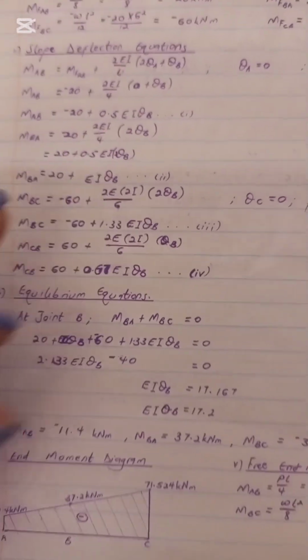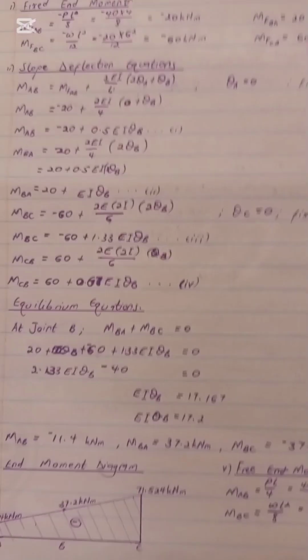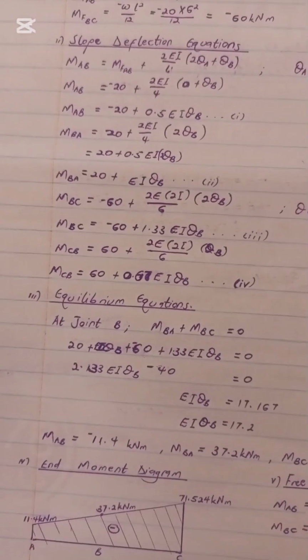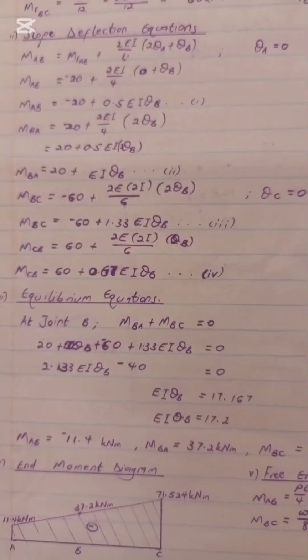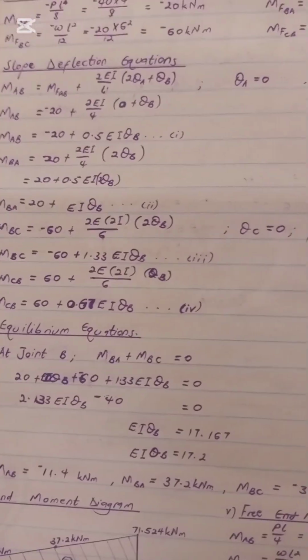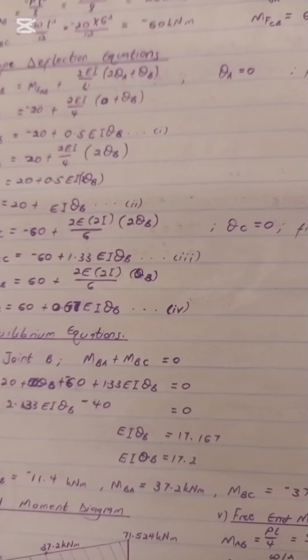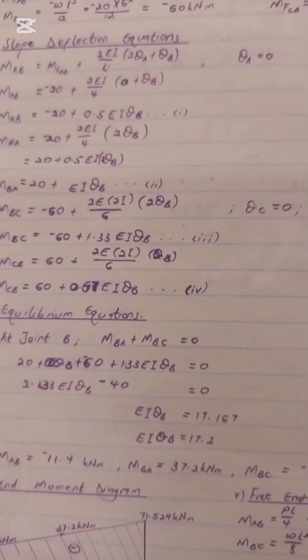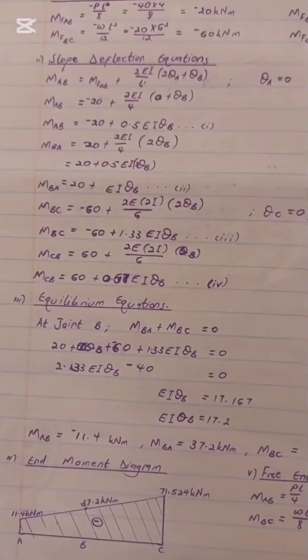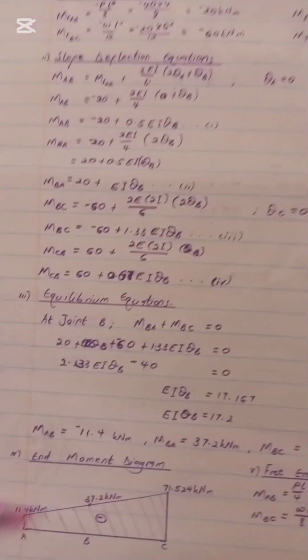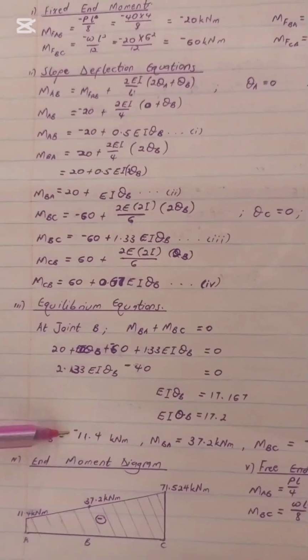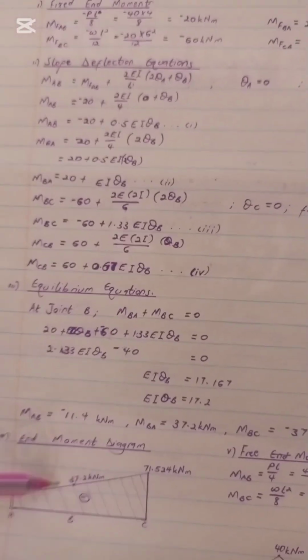Okay, after finding the respective moments, it depends here on two people. If you're doing a paper, like for an examination, because I know structure analysis can sometimes take a lot of time, right? I'm suggesting make sure that immediately you've calculated the M values, draw the end moment diagram.